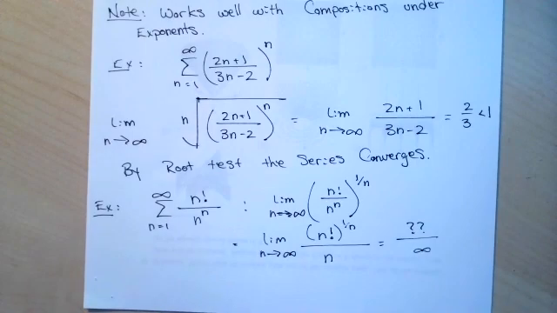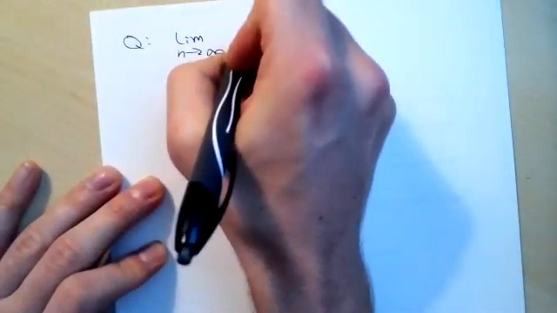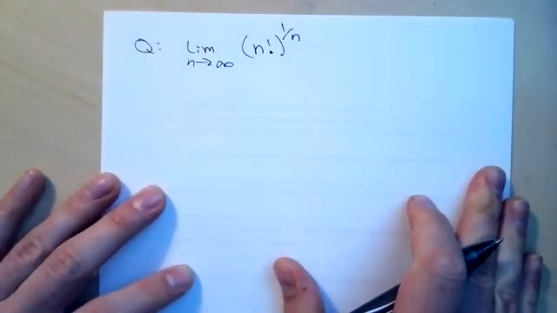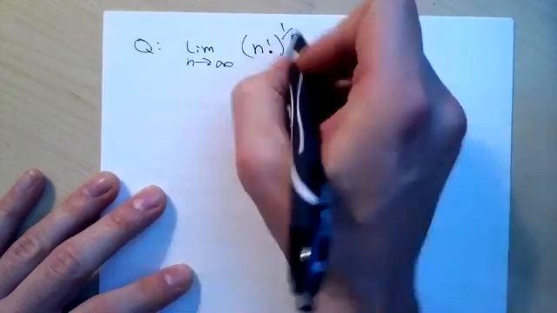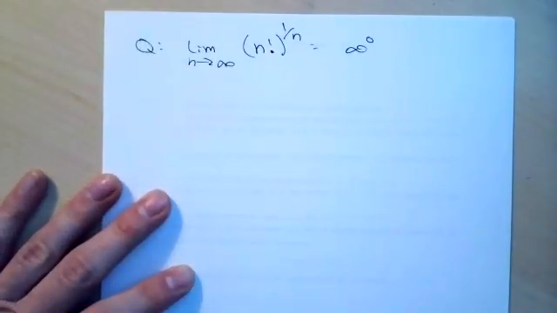I guess we could try to work it out if you guys want. I don't think you'll have to do this, but for the sake of it, what we're considering is this limit as n goes to infinity of n factorial to the 1 over n, which is going to give us an infinity to the 0, an indeterminate form.